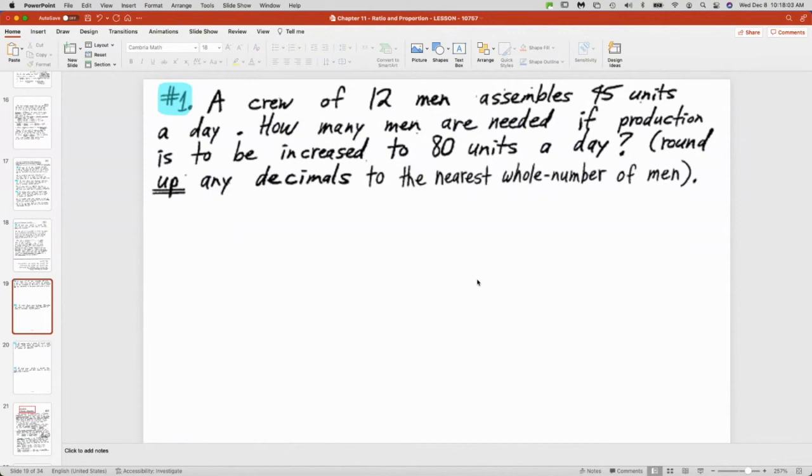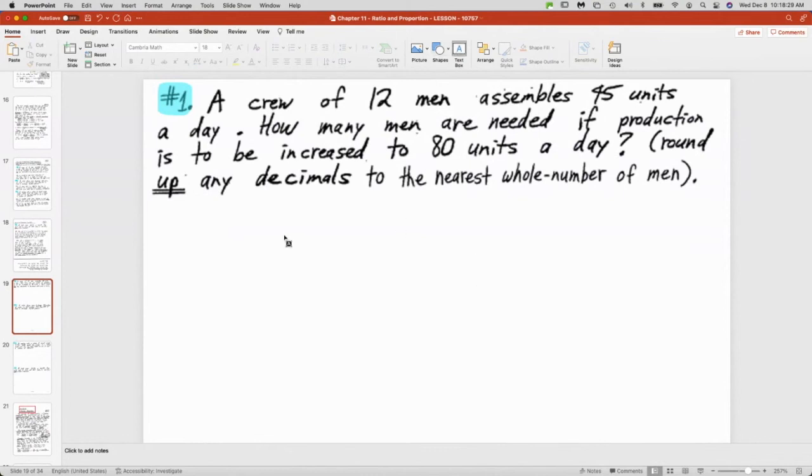So this is a very practical question. You know that when you're talking about resources, whether resources is going to be in terms of the effort of employees, or whether it's other things like machines or whatever you have at your disposal to achieve your goal, this type of calculation is very common.